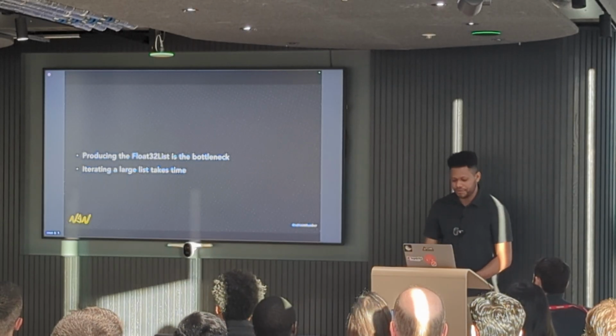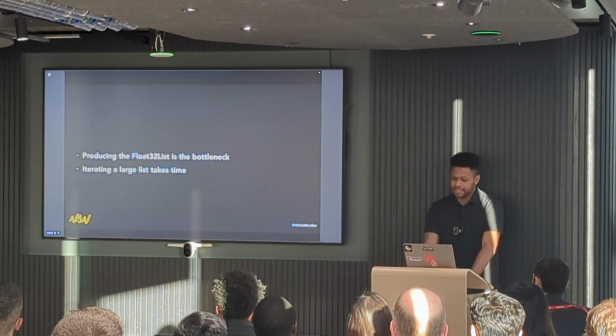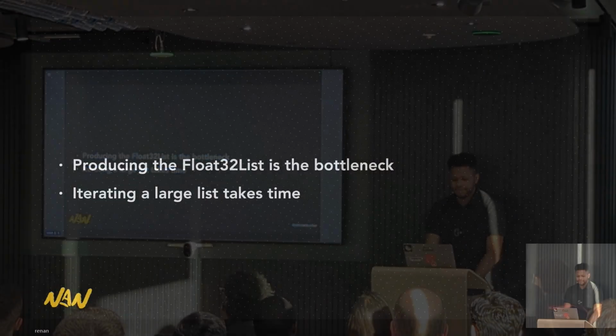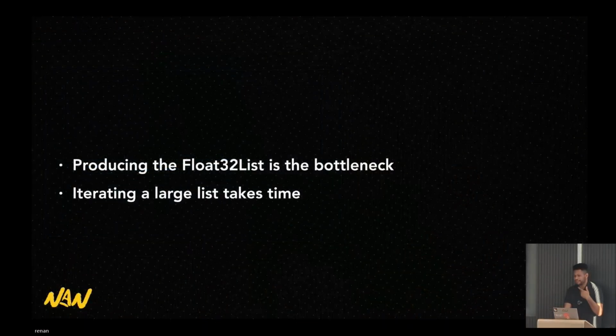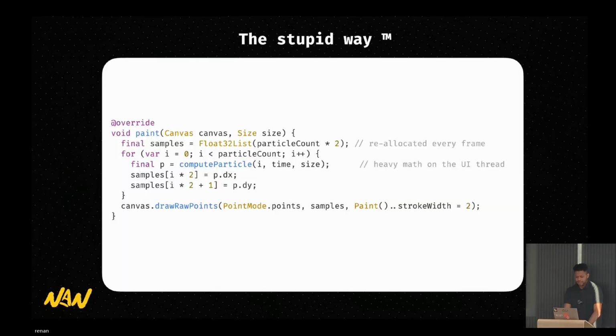The most savvy of you already realize that when you have a big list and you keep allocating it, you have a performance problem, and iterating on it can also take time. So let's do the very first particle system in a very stupid way. In this case, in every frame, we are allocating a new list, iterating on that list and producing the proper coordinates for each particle, and then painting it in the canvas, right?